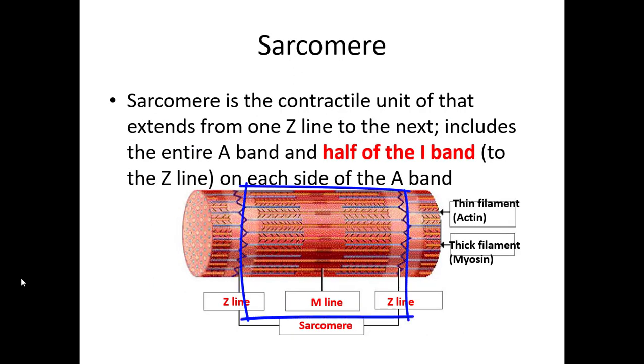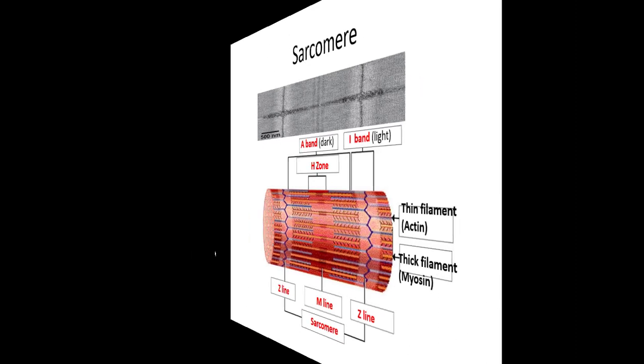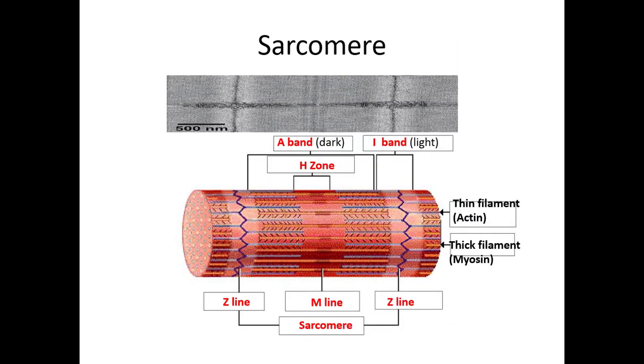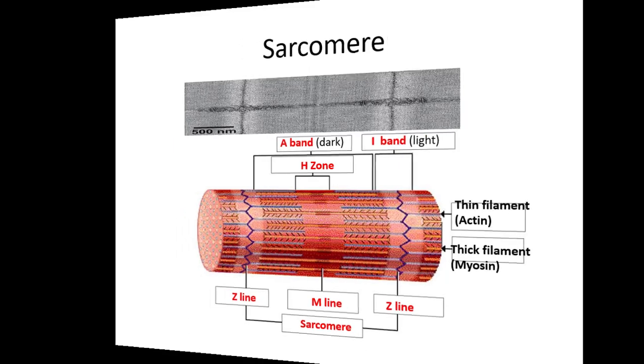Sarcomere. The sarcomere is the contractile unit that extends from one Z-line to the next, including the entire A band and half of the I band on each side of the A band. The sarcomere contains a specialized arrangement of actin and myosin filaments.